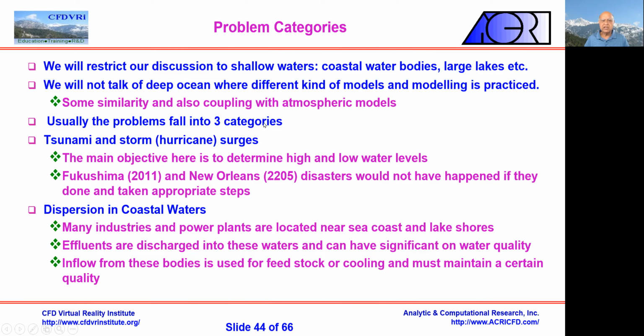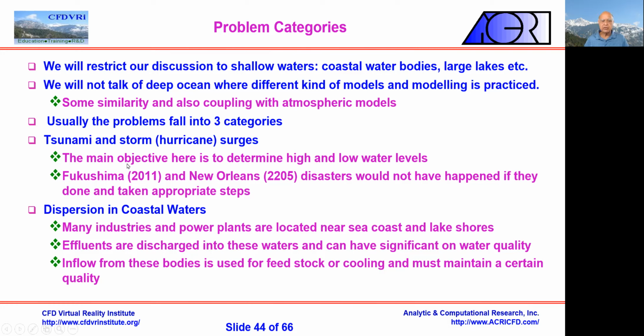Usually, there are three kinds of problems that we have to deal with in coastal water bodies. Well, there is the tsunami and the storm surges. I put them into two different ones because tsunamis and storms are essentially two different things. Then there is the dispersion.